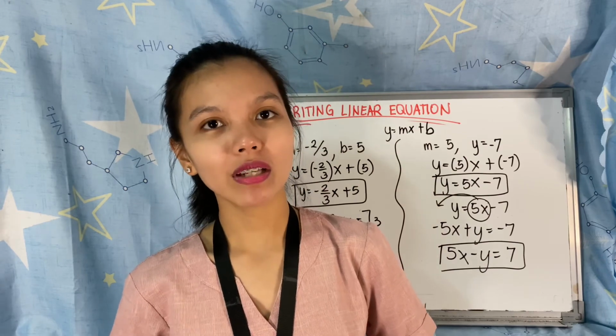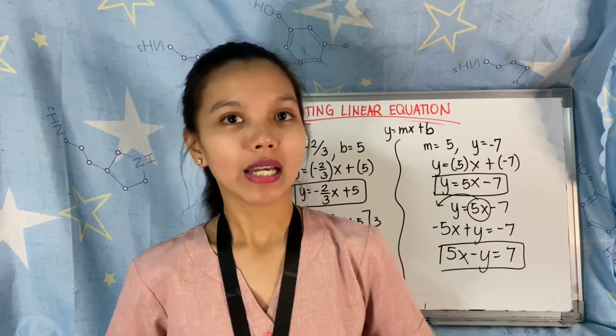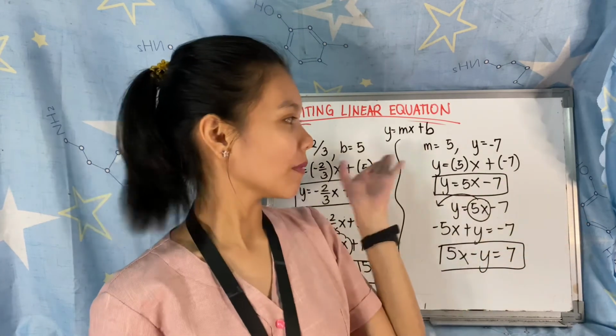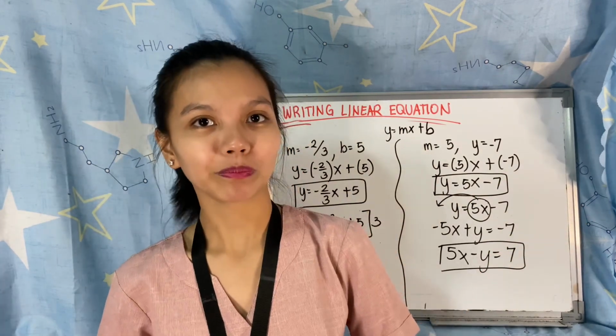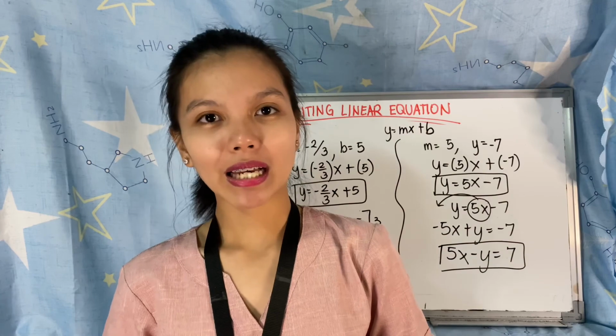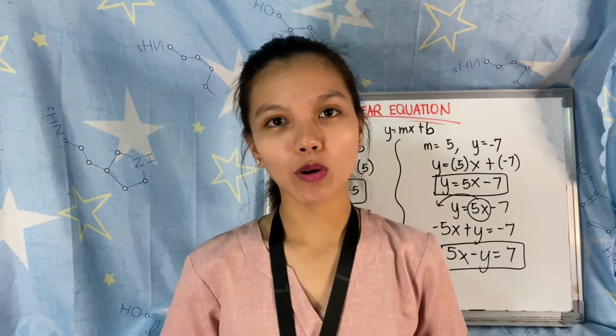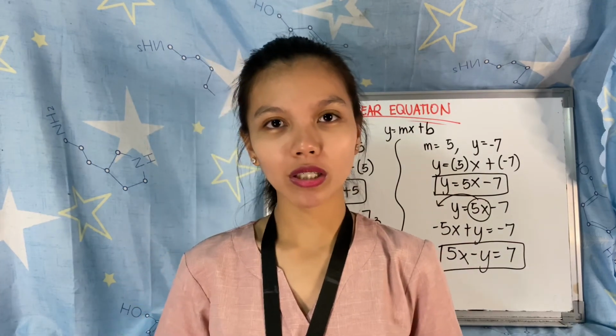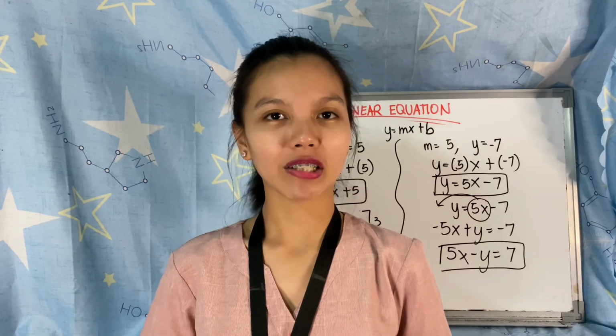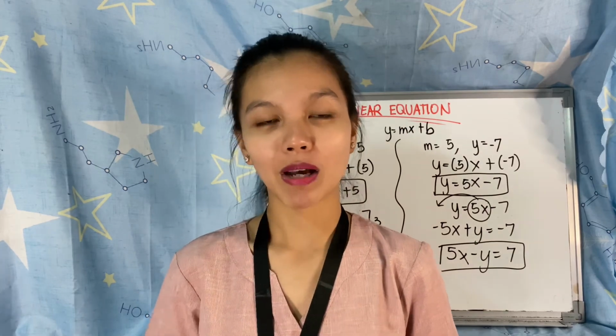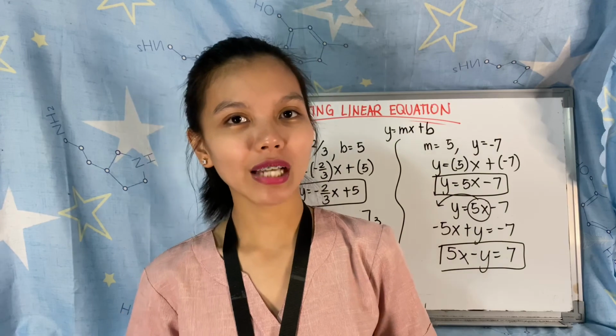And if the given is a slope and y-intercept, ito naman yung gagamitin natin. So, mas mahalaga din dito na alam nyo kung paano i-rewrite ang slope-intercept form sa standard form at ang standard form sa slope-intercept form. So, yan lang yung discussion natin ngayon.